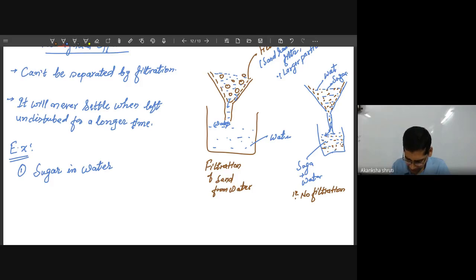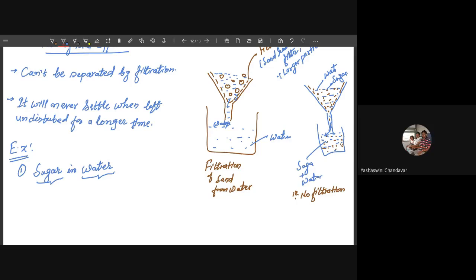Students, this sugar is added in a smaller amount and it is called the solute, and the water is present in a larger amount. So the entire mixture is called the solution, and the substance which is present in a smaller amount is called the solute, and the substance which is present in a larger amount is called the solvent.